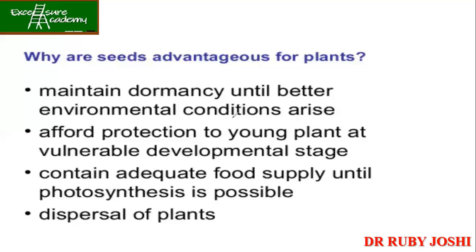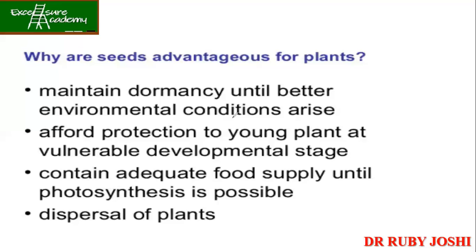For protection to young plant at vulnerable developmental stage. Contain adequate food supply until photosynthesis is possible. Dispersal of plants. Ma'am, can you explain the meaning of vulnerable? Vulnerable means susceptible, very sensitive, soft, right?